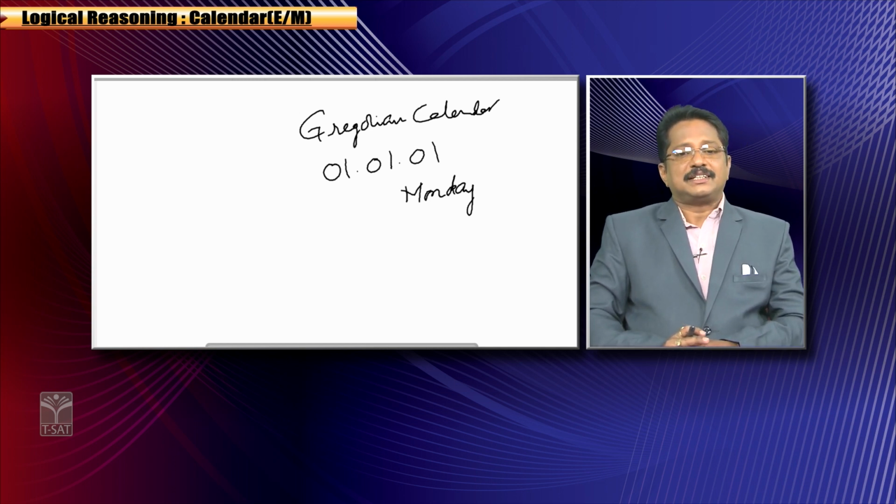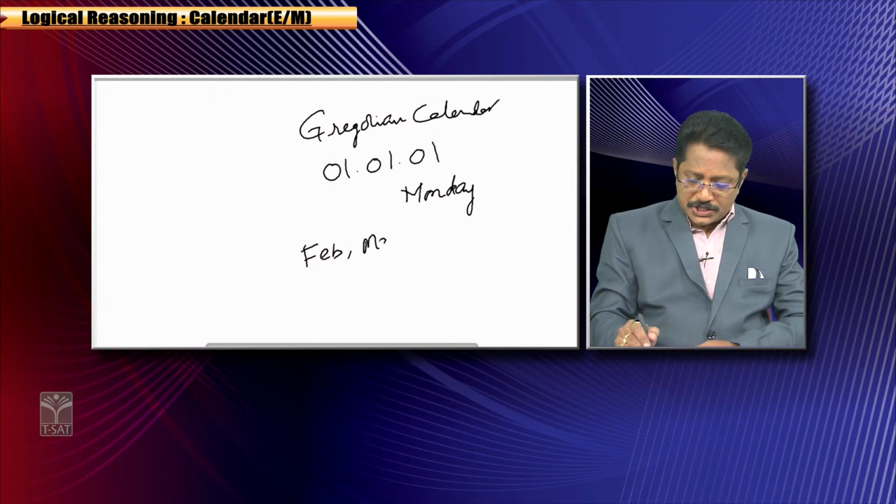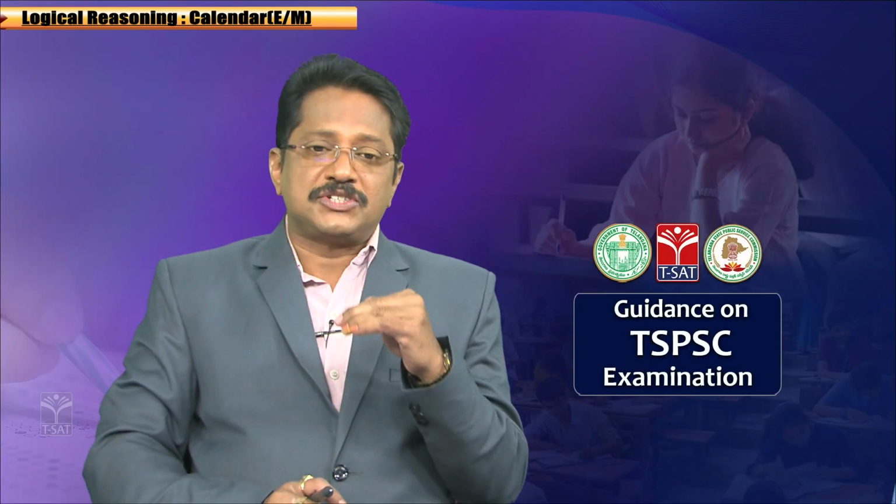This is very important. When you take the months February, March and November, the first day of February, the first day of March and the first day of November, all three are the same. For example, if you have any doubt, check it.